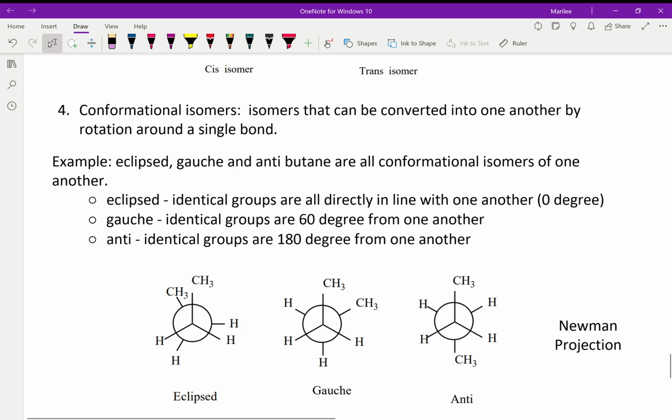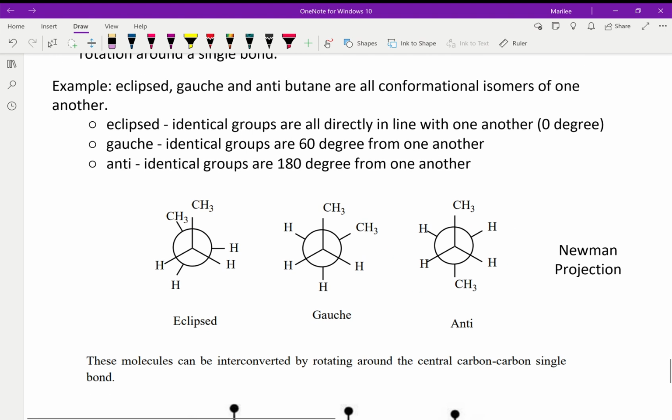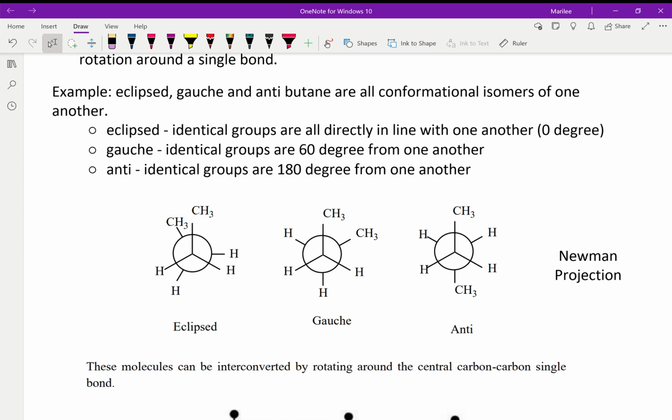So if we look at these eye-looking things here, they're called Newman projections. I don't know if you went over it in your lecture. So for eclipsed, we have our 2 methyl groups that are lined up. We draw it like this because we don't have space to write the CH3s, but this is pretty much 0 degrees apart.